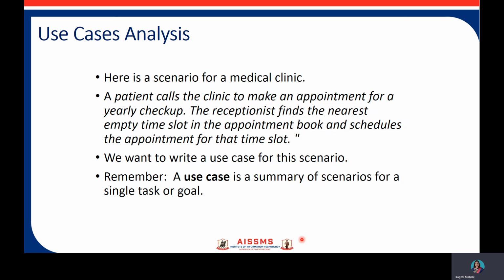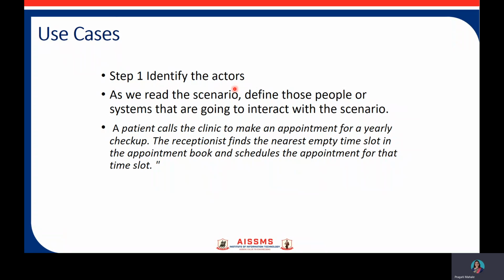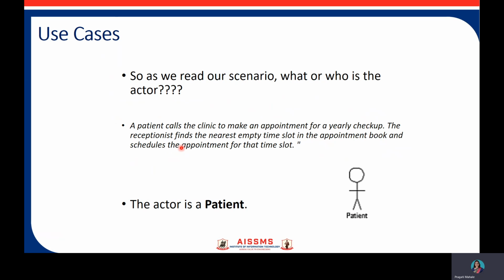The very first step that we have to do is to identify the actors of our system. So, for the given scenario, the appointment for a yearly checkup, as we read the scenario, we define those people or systems that are going to interact with the scenario. All those people are going to be our actors. In this scenario, we see that the patient calls the clinic, so the patient is our actor, and the receptionist finds the nearest empty time slot and schedules the appointment.